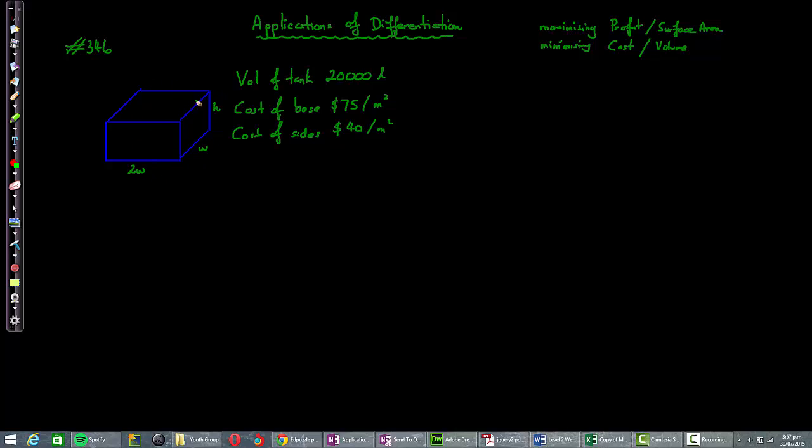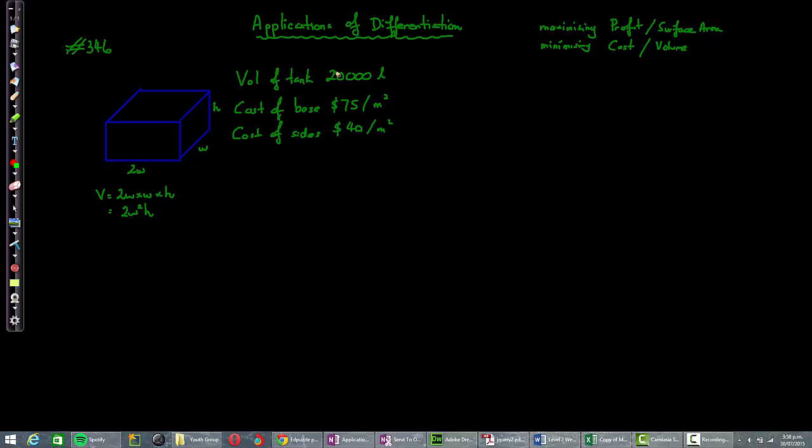Putting variables onto your container is essential, and we are talking about volume here. So one thing we can immediately say is that the volume of our container is going to be the length times the width times the height for a cuboid, which simplifies to 2W squared H in this case.